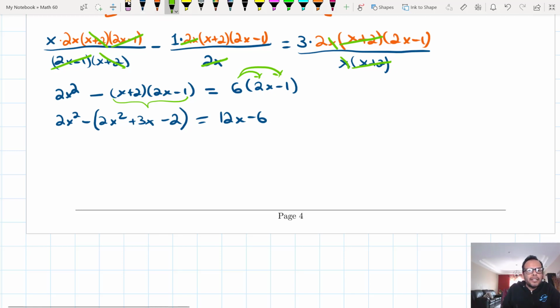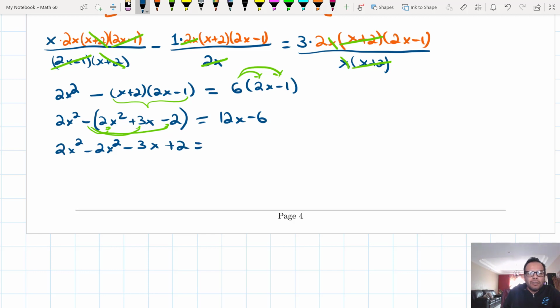Okay, the next step, we're almost done. We're getting somewhere here. Let's distribute the negative sign. Distributing the negative sign changes the sign of everything inside of the parentheses. So 2x squared minus 2x squared minus 3x plus 2 equals 12x minus 6.